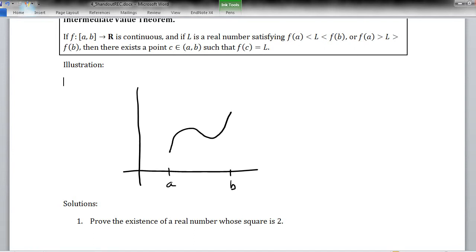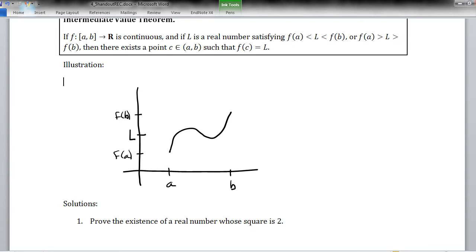Okay. And so for this function, f of a is about here, and f of b is up here. And for L, we could pick anything in between f of a and f of b. So maybe L could be right about here.